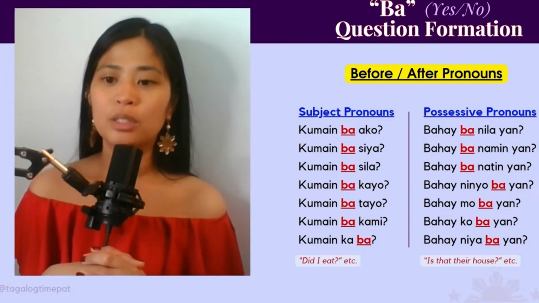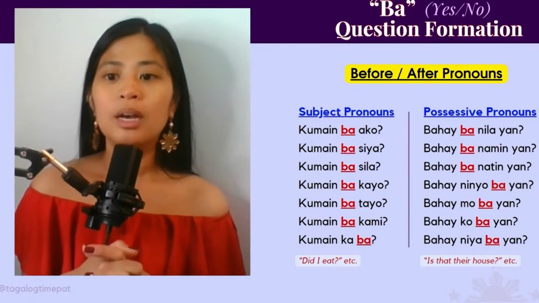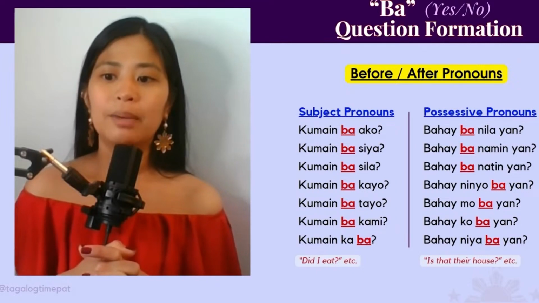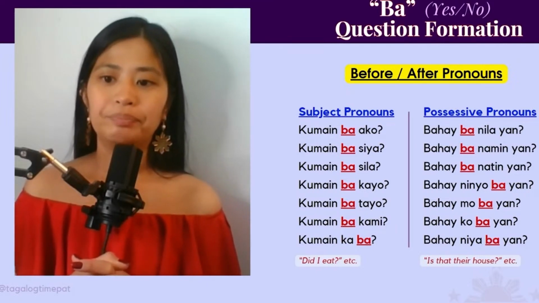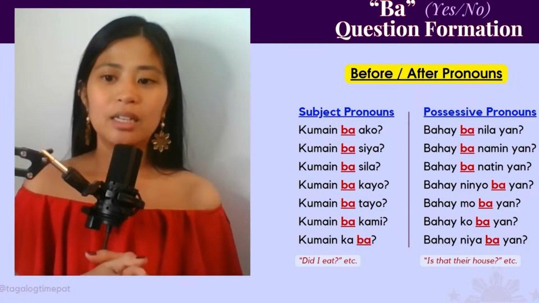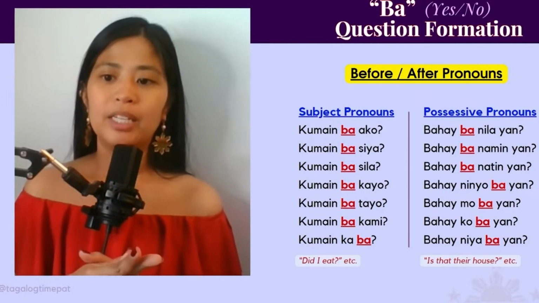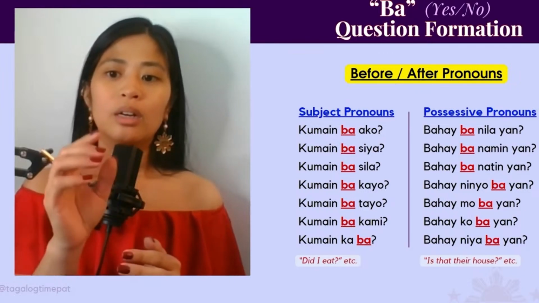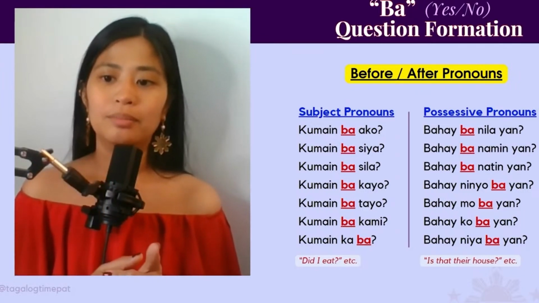Bahay mo ba yan? Ba is going after the pronoun. Bahay ko ba yan? And bahay niya ba yan? Niya is another pronoun where I've heard both. Bahay ba niya yan? But mo and ko usually go before ba.